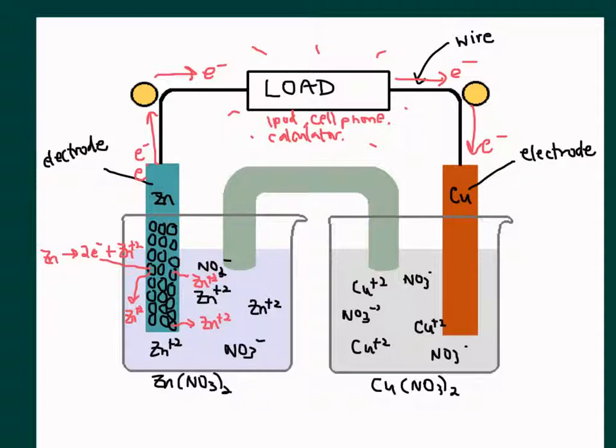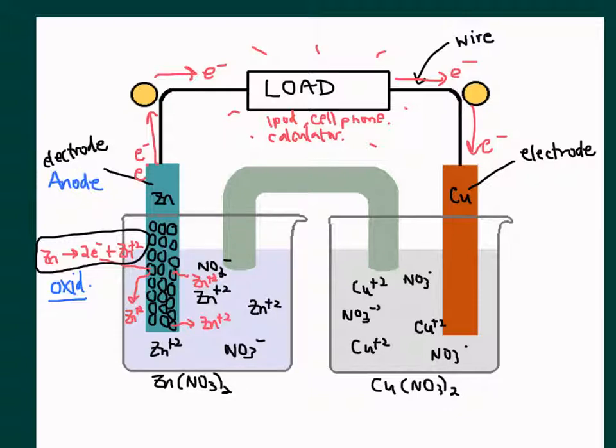So notice what happens on our zinc side is we had an oxidation. This electrode where oxidation occurs, we're going to call that electrode the anode.